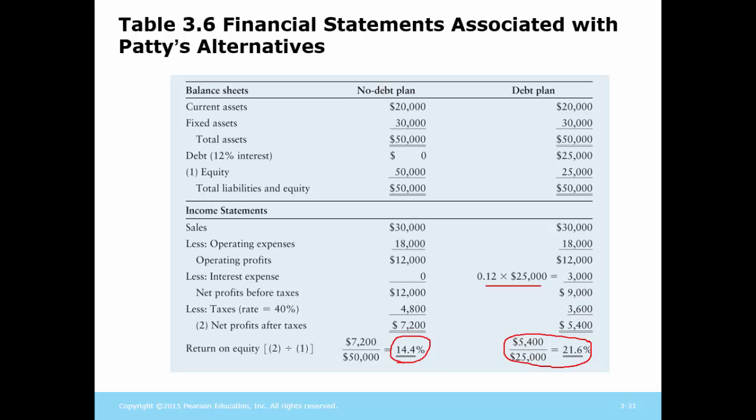We made less money, so how is it that we have higher returns on invested money? And that all has to do with how much is invested. In this case, you made $7,200 on $50,000. Here, you made $5,400 on $25,000. So it's a smaller piece of the pie is earning a rate of return that obviously then magnifies it.